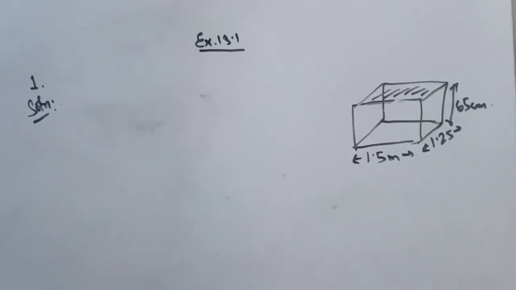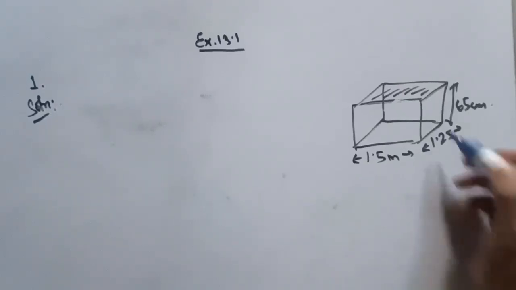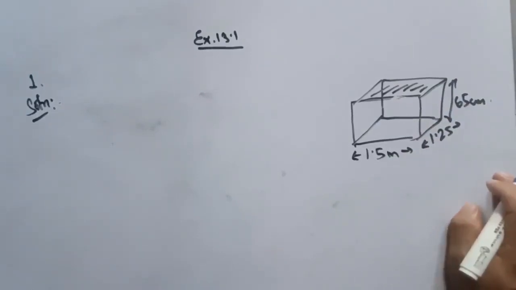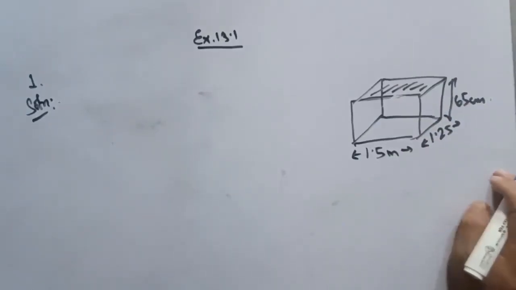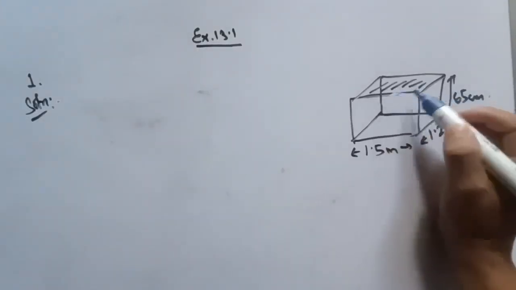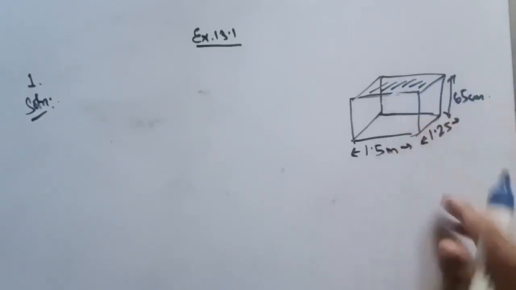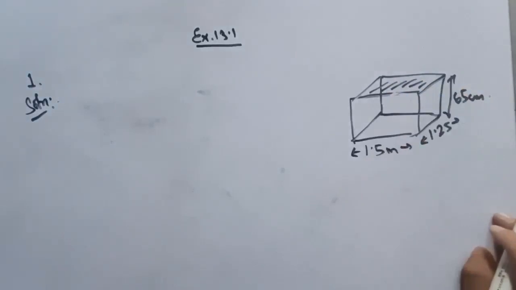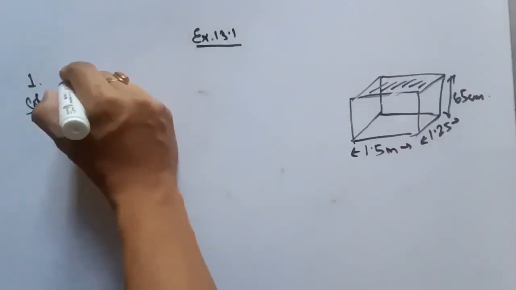So let us first find the surface area of this box, and that will be the required area of the plastic sheet required to make the box. If the top portion of the box is open, we are going to exclude that area from the total surface area. So let us first write down the given information.